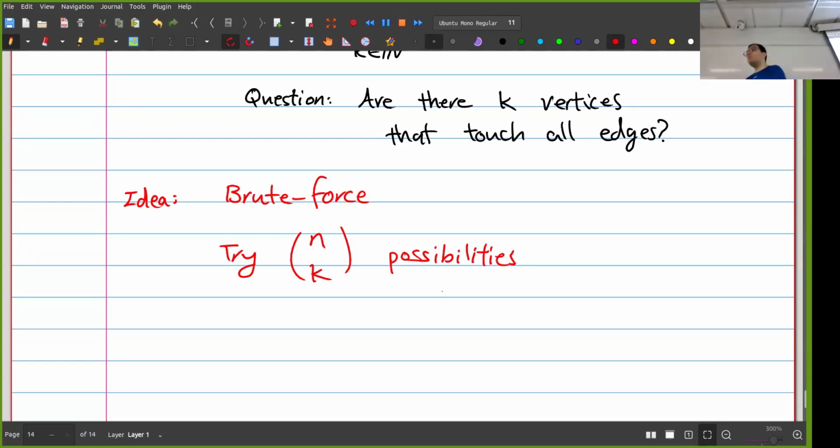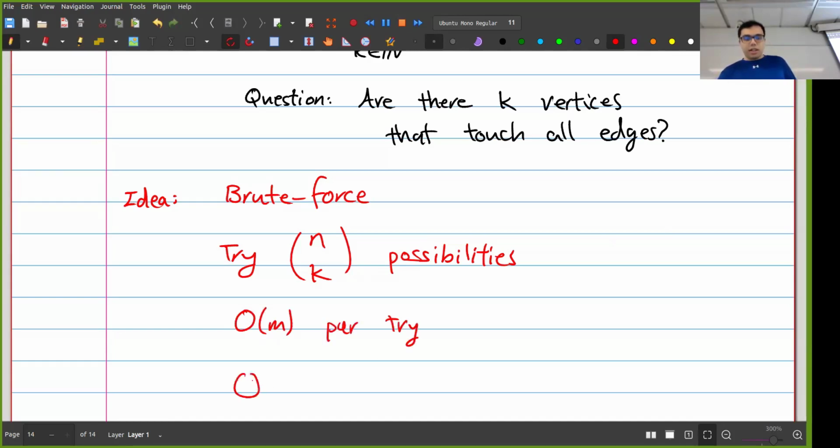How much time do I spend to actually try a possibility? So if I have a subset of size k of my vertices, I'm just going to go over every single edge and check if one of its endpoints is in my set, right? So I'm going to spend O(m) per try.